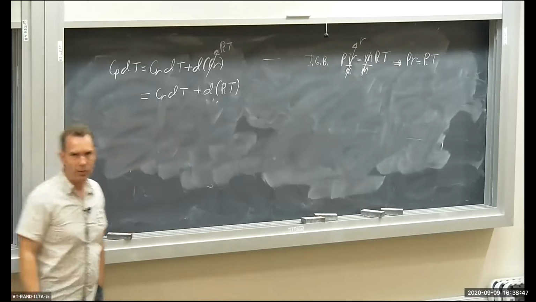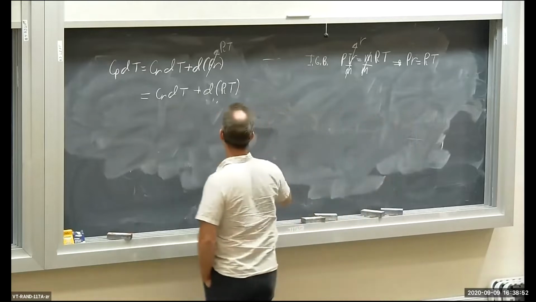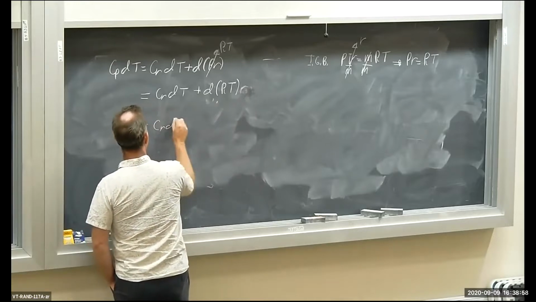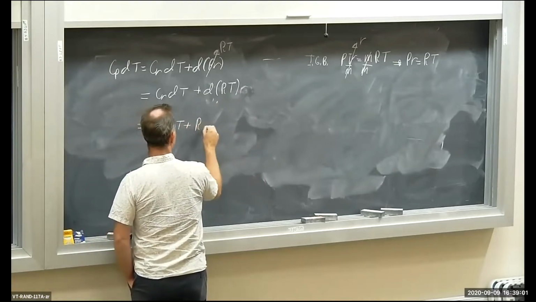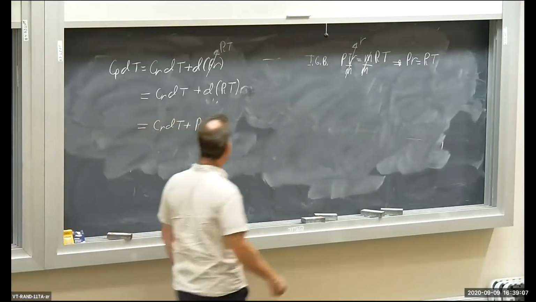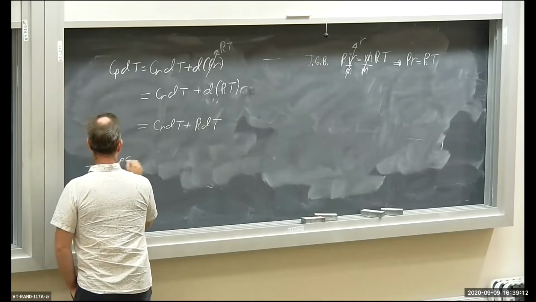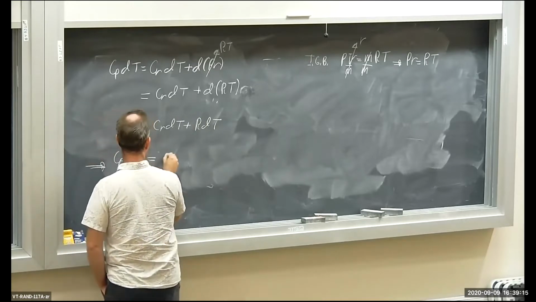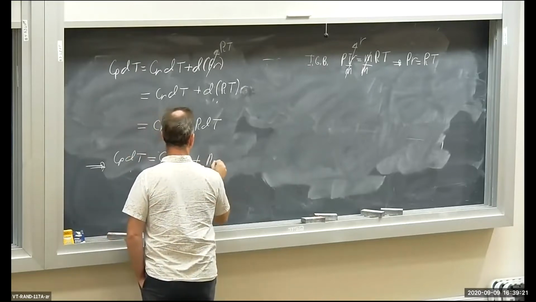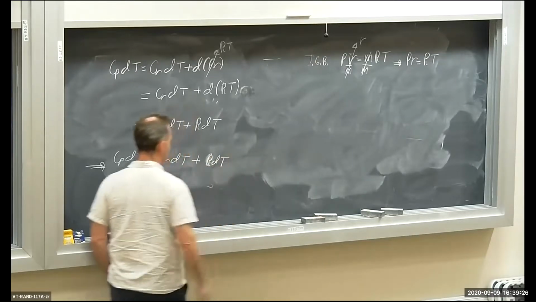Now, R is the gas constant. It is a constant. So it comes out of the derivative or the differential. So this is equal to Cv dT plus R dT. Let's write down what I got. Cp times the differential change in temperature is equal to Cv times the differential change in temperature plus R times the differential change in temperature.